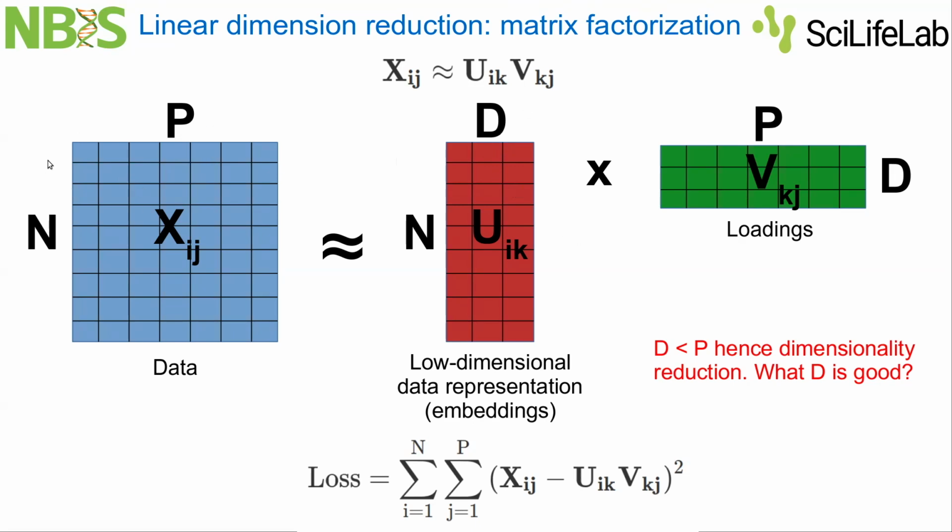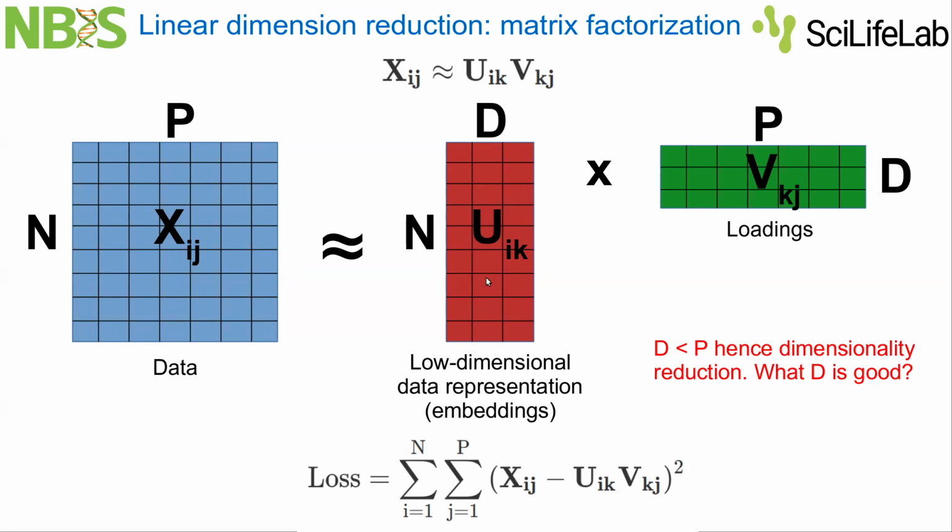You replace your original 20,000 dimensional data by 2 or 3 or 5 or 10 dimensional data, but it's a dramatic dimensionality reduction. So I hope you see why it's called dimensionality reduction, because we replace our original matrix n by p with a new matrix n by d, where d is smaller than p.